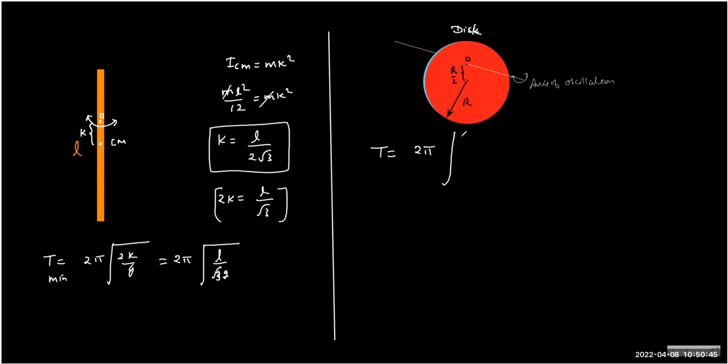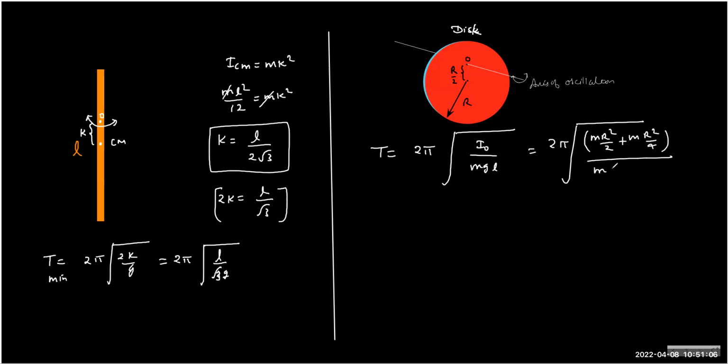So you can find there are two ways. You can write the formula with I naught by mgl, that is easy in a situation like this. And the moment of inertia is pretty simple. We know m r square by 2 is about the center of mass, plus m r square by 4 by the parallel axis theorem. And L is the separation between the point of suspension and the center of mass, which is r by 2.